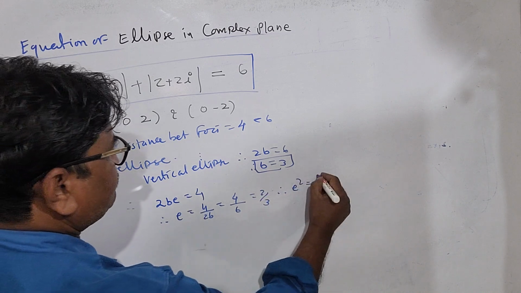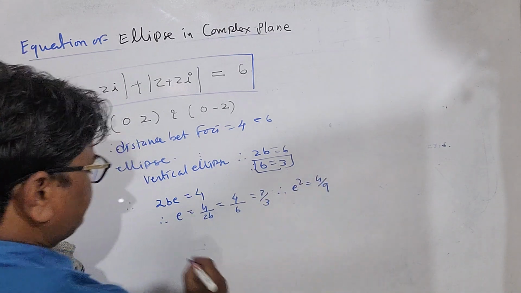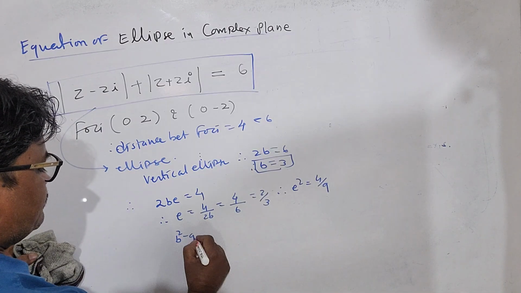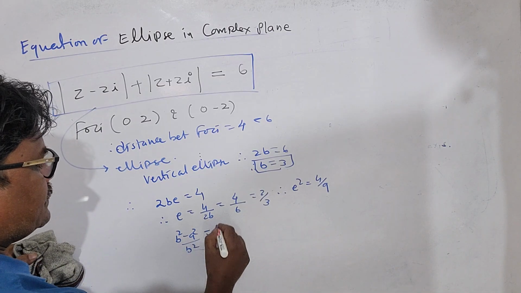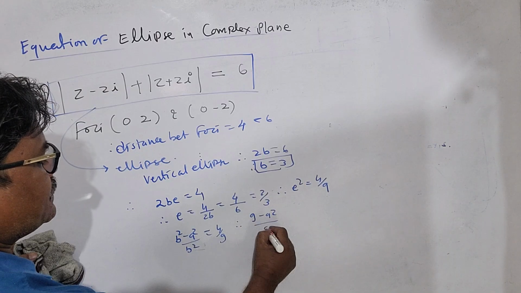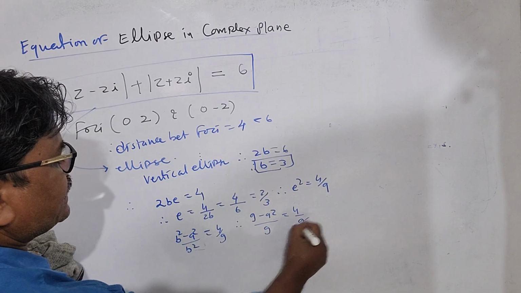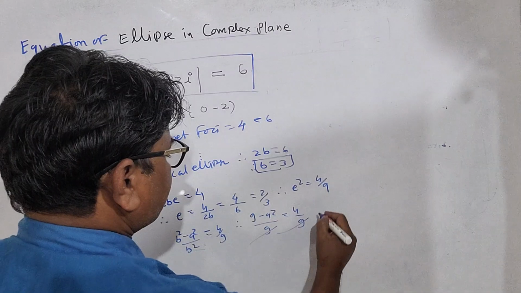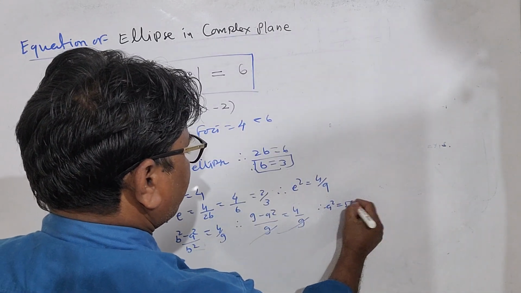Therefore e square equal to 4 by 9, that is (b square minus a square) by b square equal to 4 by 9. b square is 9, so (9 minus a square) by 9 is equal to 4 by 9, and finally you get a square equal to 5.